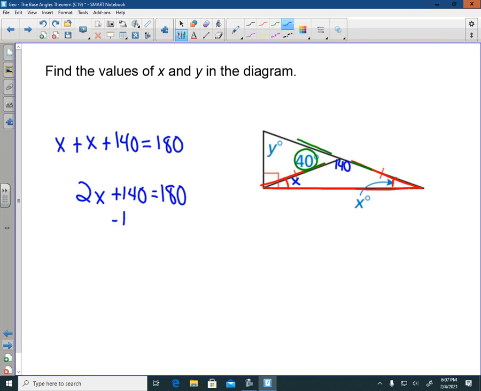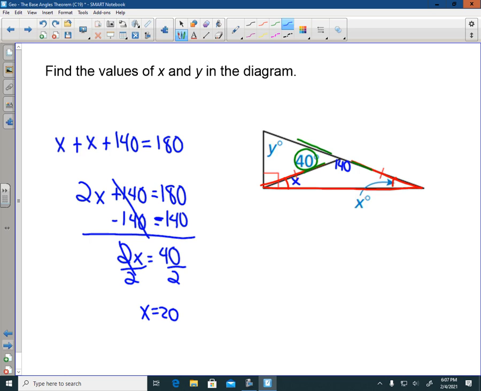Subtracting 140 from both sides gives us 2x equals 40, correct? And then dividing by 2 on both sides, x equals 20.